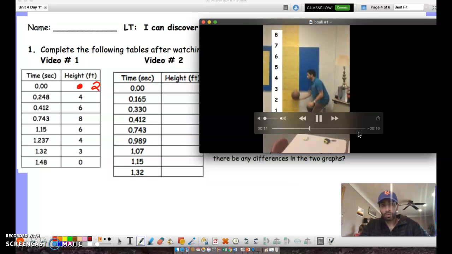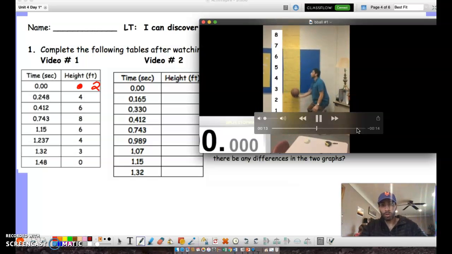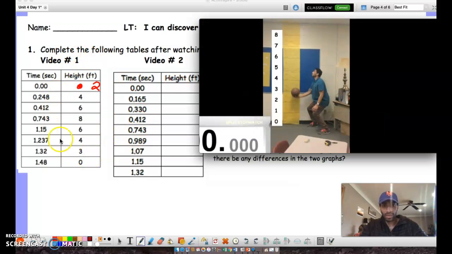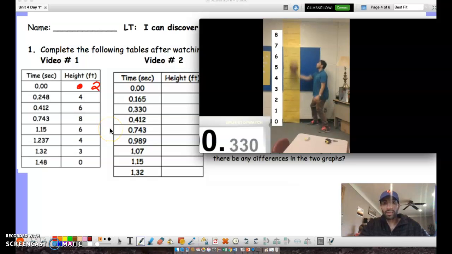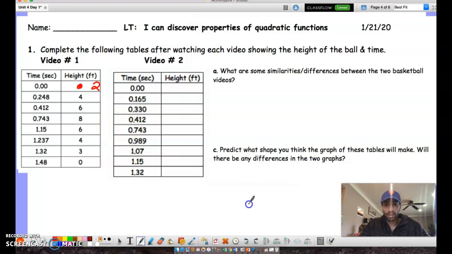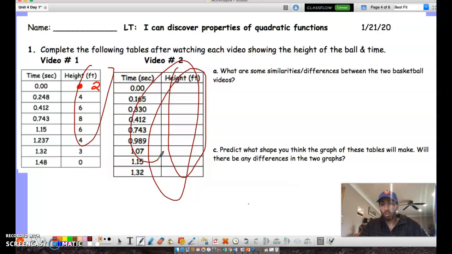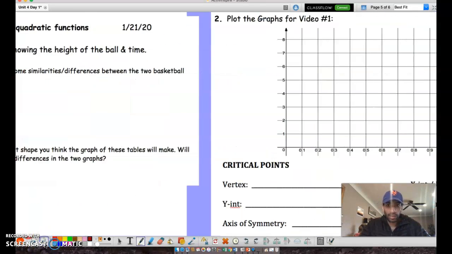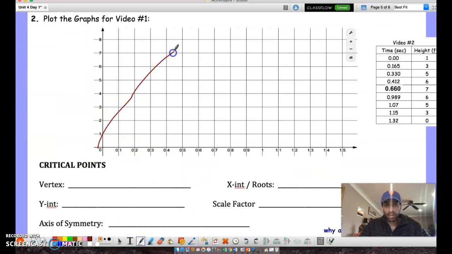And I'm throwing the ball up in the air, and we're just going to check to see, make sure this table corresponds. Basically it does, right? I throw the ball up in the air, I look like an idiot, and then we graph this table here, graph another video there, ask you, what shape do you think this graph is going to make? And then we graph it, and guess what? It made a parabola! How cool is that?